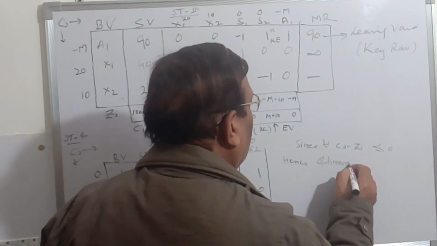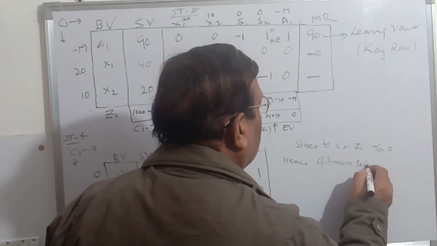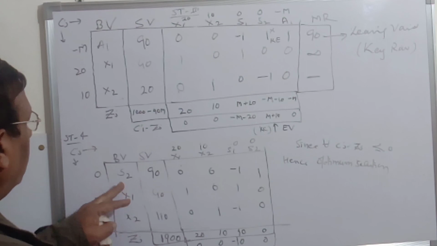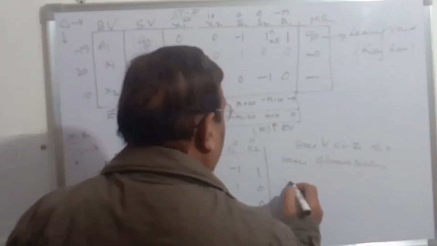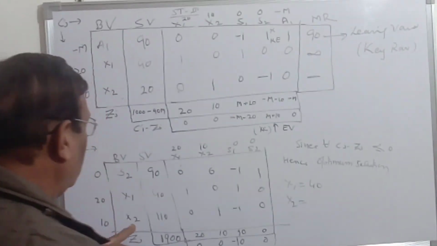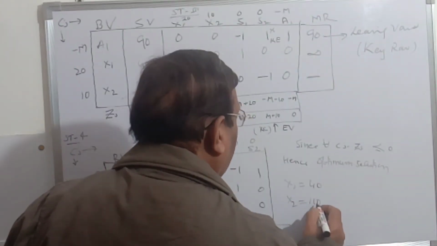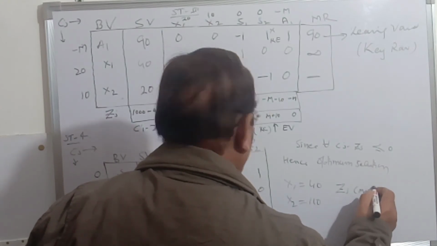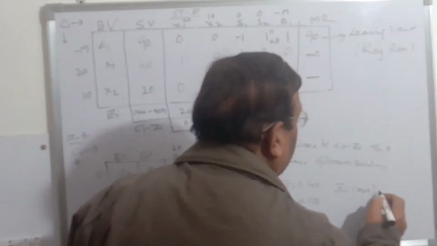When we calculate optimum solution, then here x1 is the basic variable, it is 40, and x2 is equal to 110, and zj maximum is 1900.